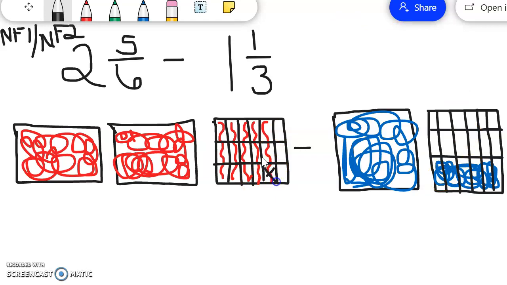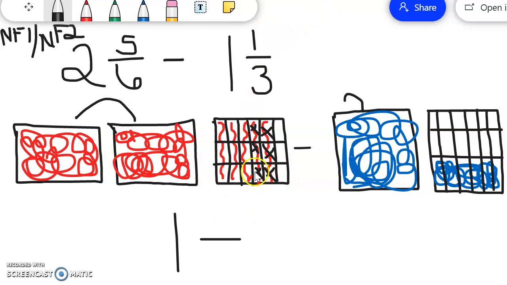So 1, 2, 3, 4, 5, 6. Now I'm ready to see what's left over. So 2 holes right here, subtract 1 hole is 1. Now I need my new denominator. So that's the total number of parts in my shape.